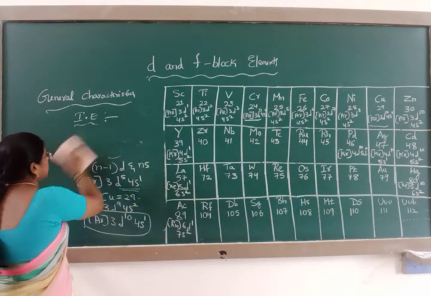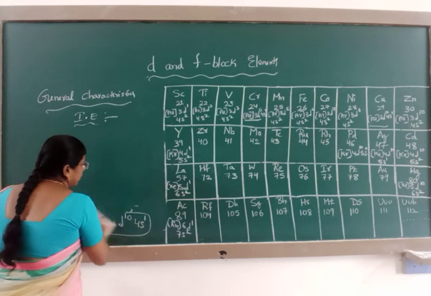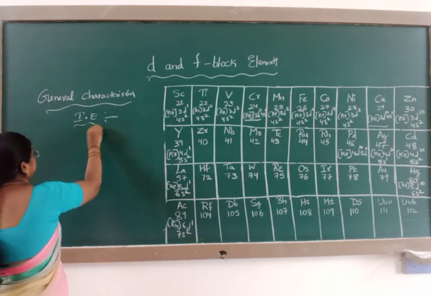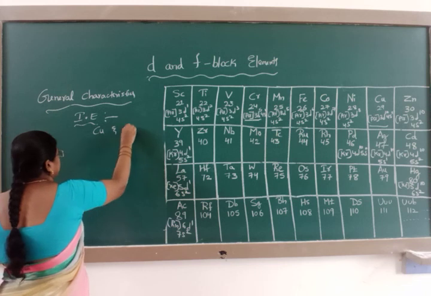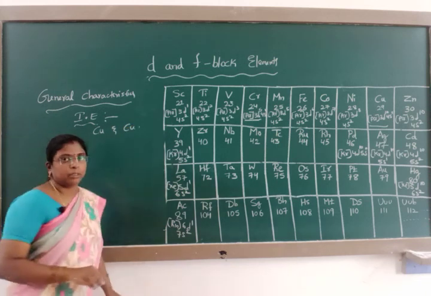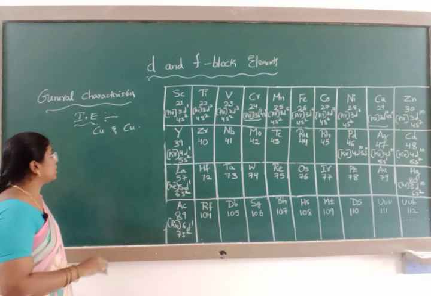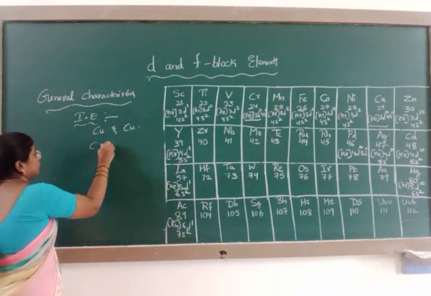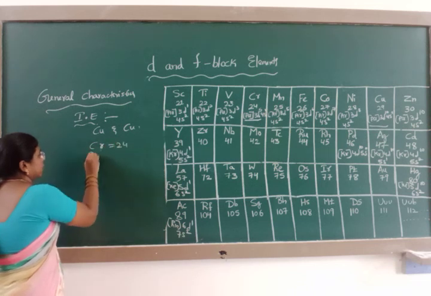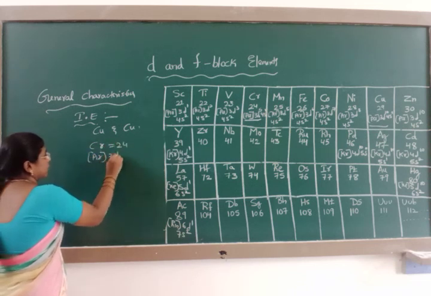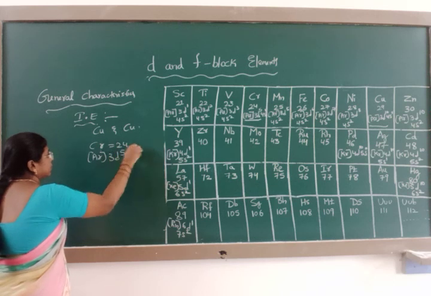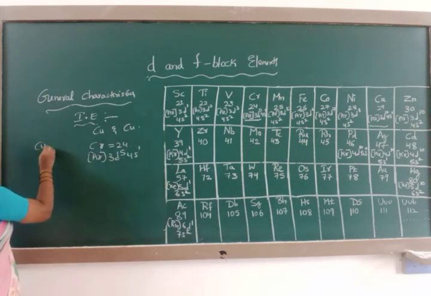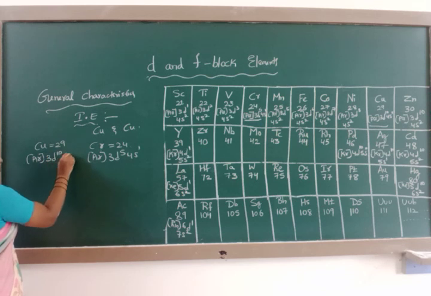If you see these two elements, copper as well as chromium, chromium is 24, having argon 3d5 4s1 configuration, whereas copper is 29, argon 3d10 4s1 configuration.